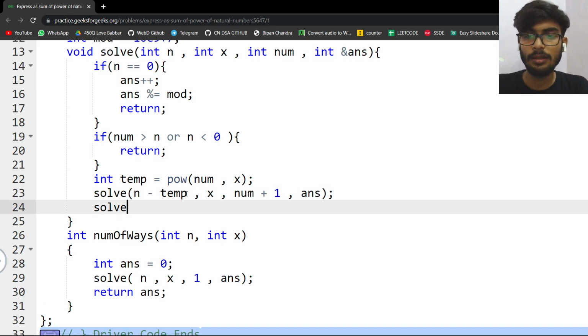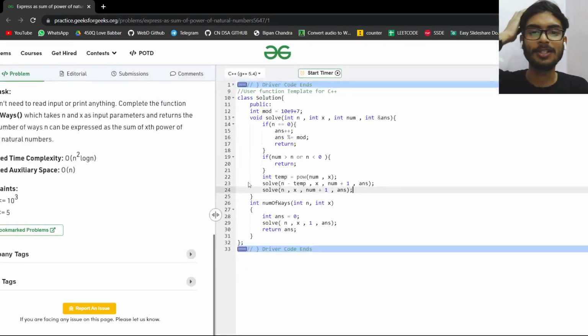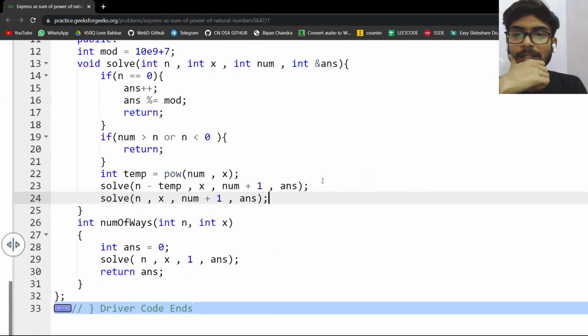Now there is another case in which I'm not going to minus anything from this particular answer, so it will be as it is, n and num plus 1 again, okay, and my answer. Okay, so this is my overall recursion code which I have written here.